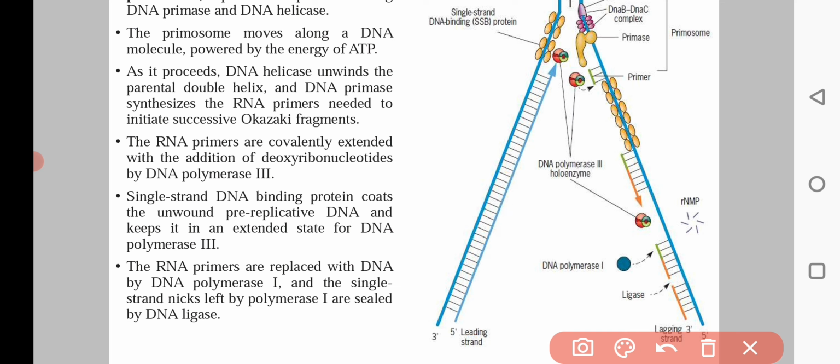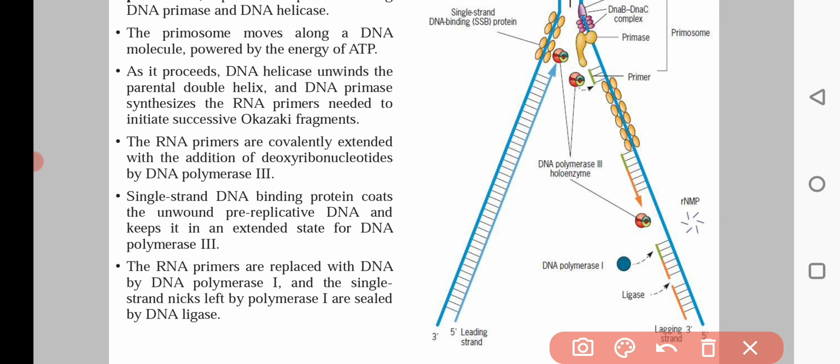But here on the lagging strand, this DNA primase enzyme synthesizes this RNA primer, and it is extended by DNA polymerase. After that this unit will come, and a second RNA primer will be synthesized by the DNA primase enzyme, and again it will be extended by DNA polymerase.